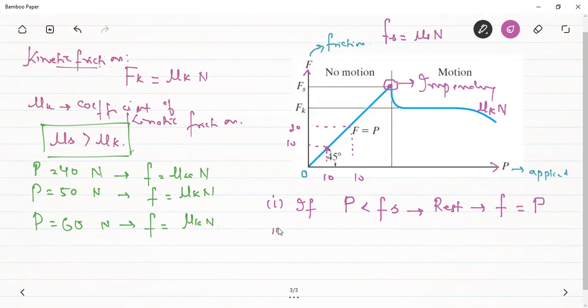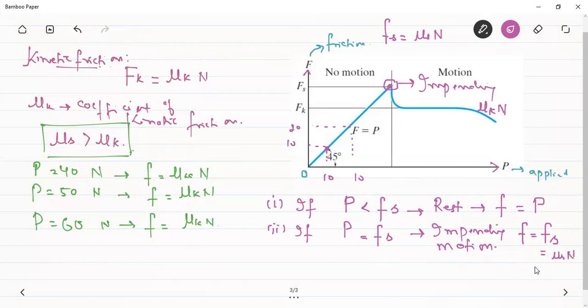Now the second thing is that if the applied force is equal to the limiting value of the static friction, then we can say that the block is just about to slide, that is impending motion, and the friction force here will be equal to the limiting value of the static friction, that is, it will be equal to mu sn.